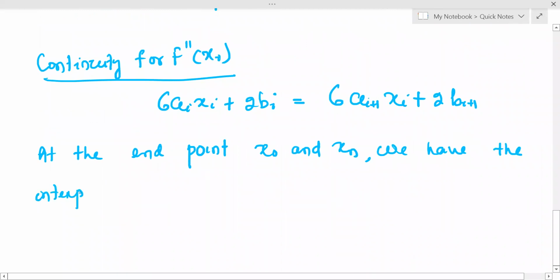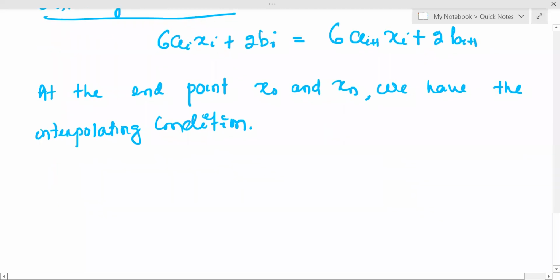What are the interpolation conditions? F0 and Fn.